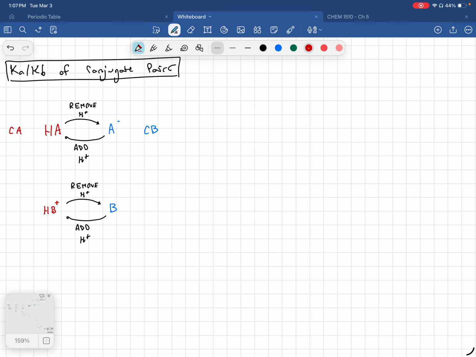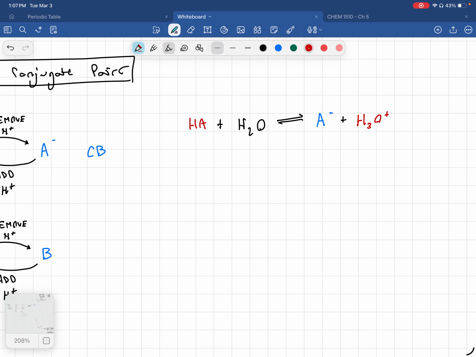So let's say we've got some acid HA, and if it reacts with water, we will form its conjugate base A minus and H3O plus. I'll put the H3O plus in black this time because we want to focus on the conjugate acid-base pair. Let me redraw the arrows here.